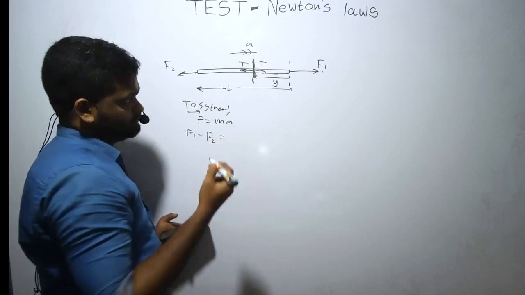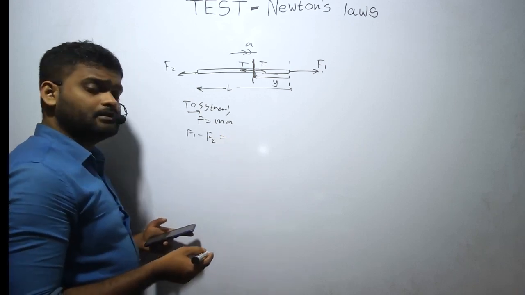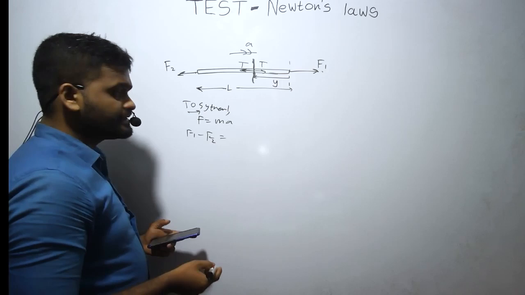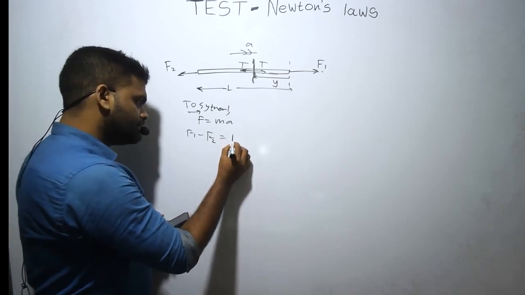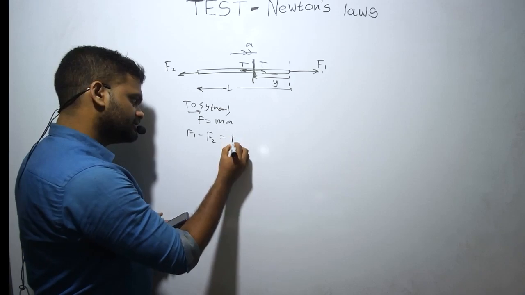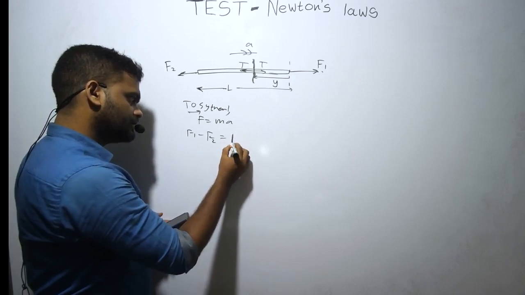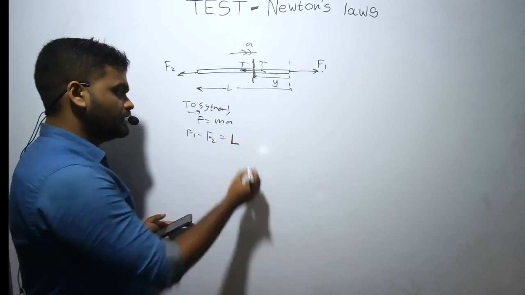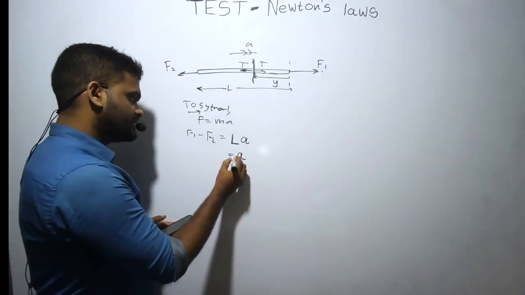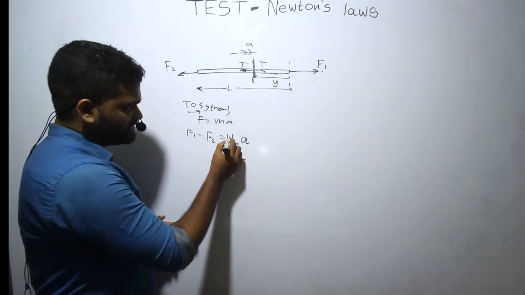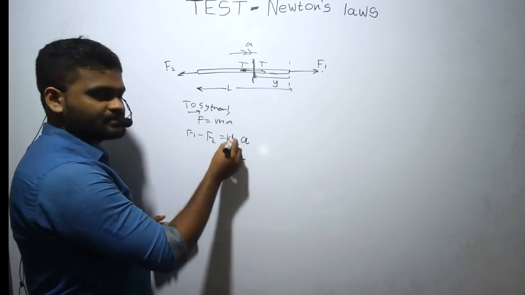Then the total mass of the rod. The length is given as L. So I'll take the mass as k times length, capital L. Then acceleration. So you get the acceleration as, I'll just multiply this by a k to make it a mass, right?